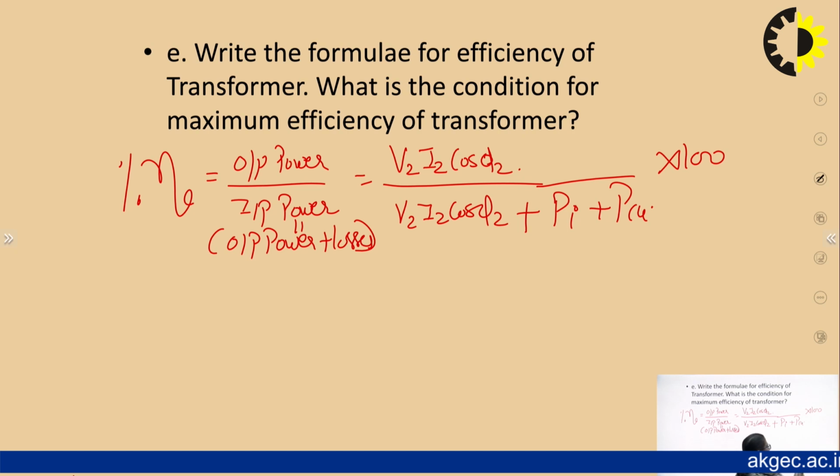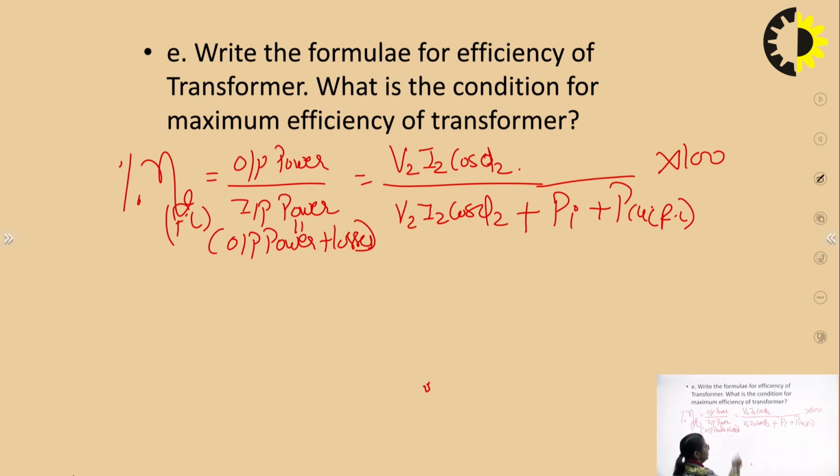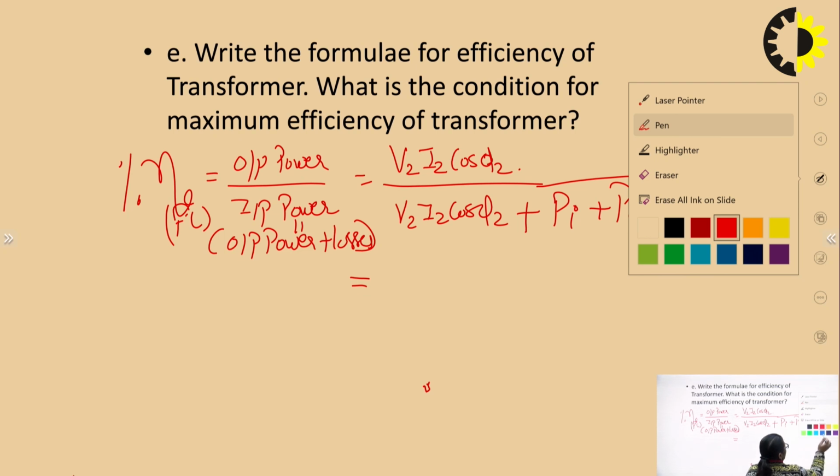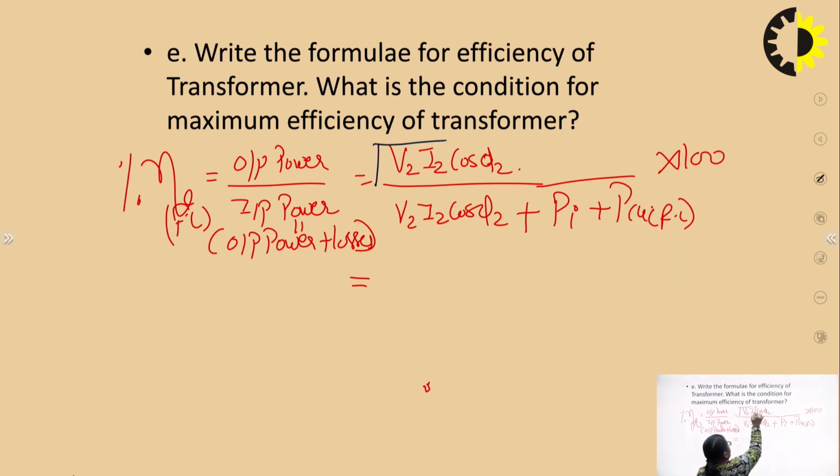Pcu, if I say this is the full load copper loss, then this becomes the expression for the efficiency at full load, because all the terms here correspond to the full load values. The same expression I may just write: what is V2 I2? V2 I2 is nothing but the VA rating.